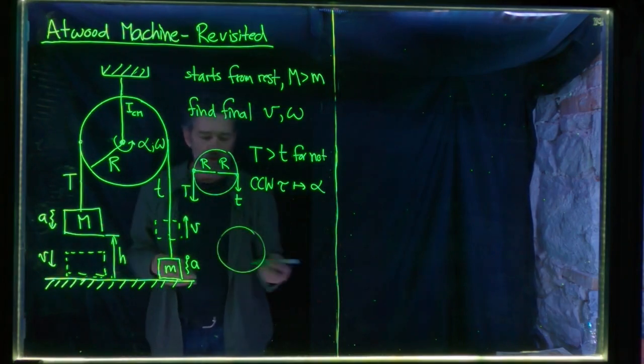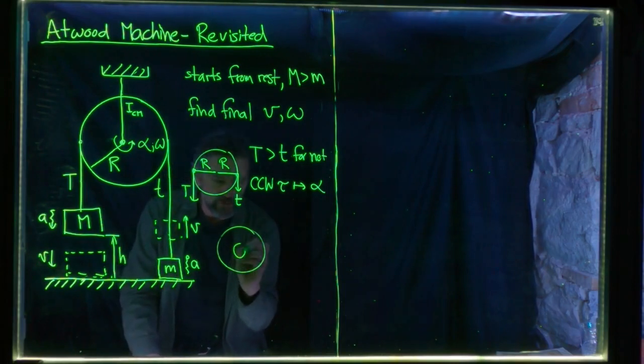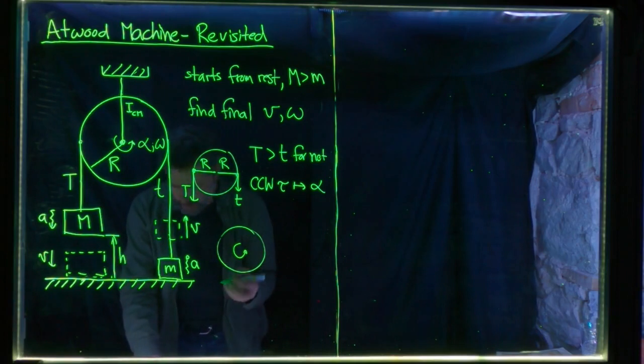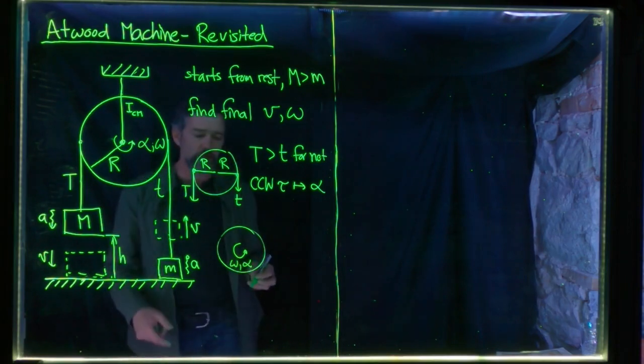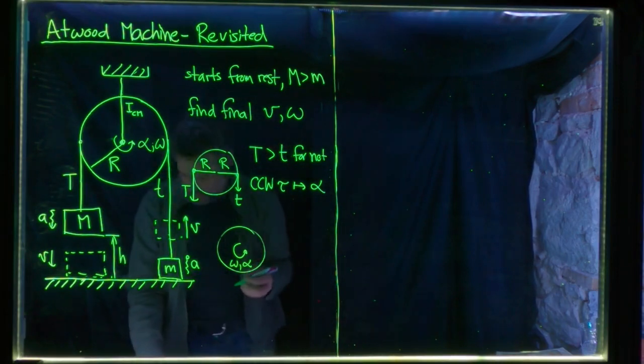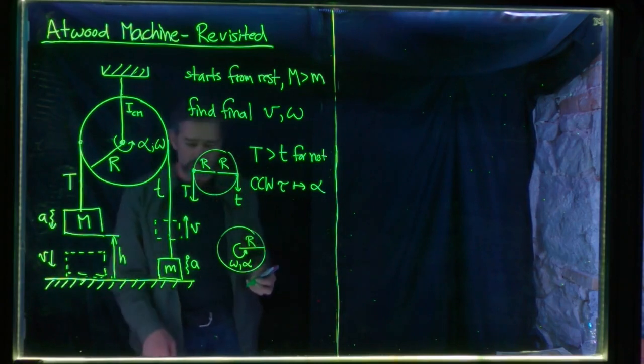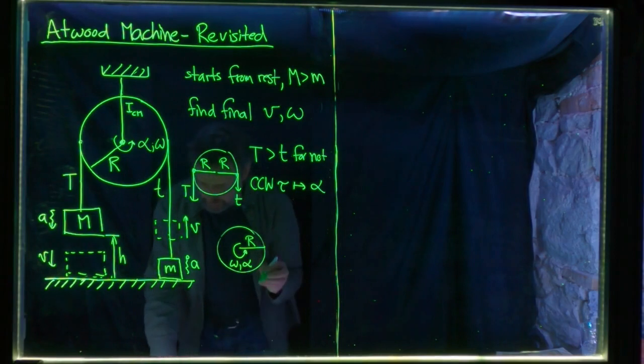Okay, so if we have a wheel here, a pulley, which has some angular velocity omega and is undergoing some change in the angular velocity, a rate of change of angular velocity alpha, and the radius of the wheel is r, then for a given angular velocity omega, there is a tangential velocity.